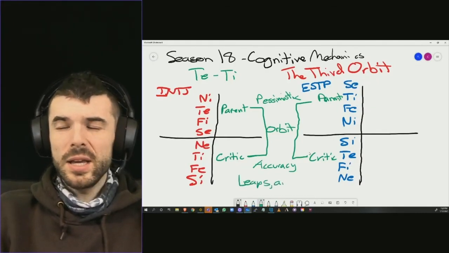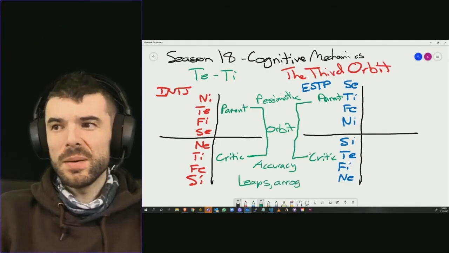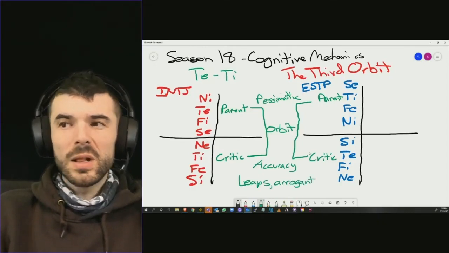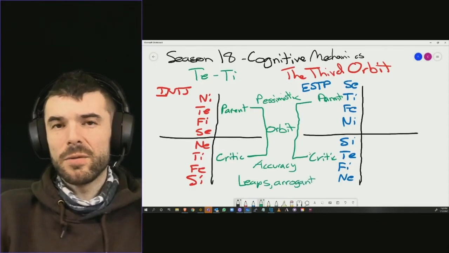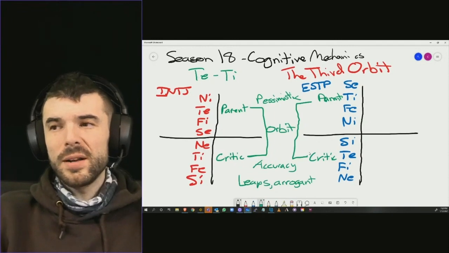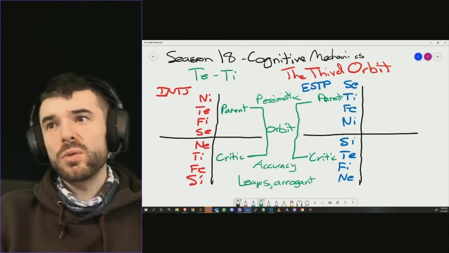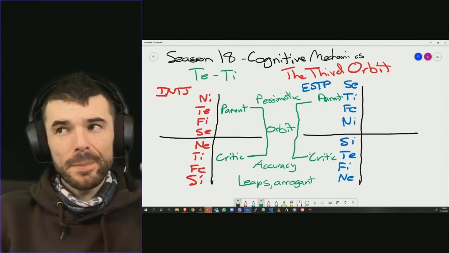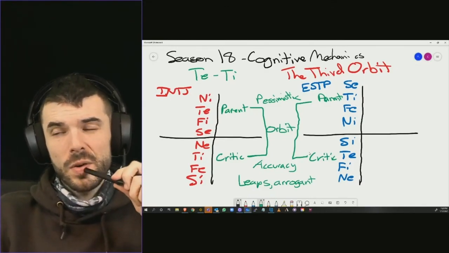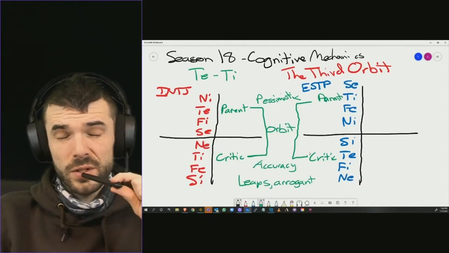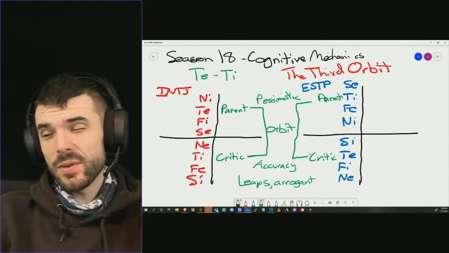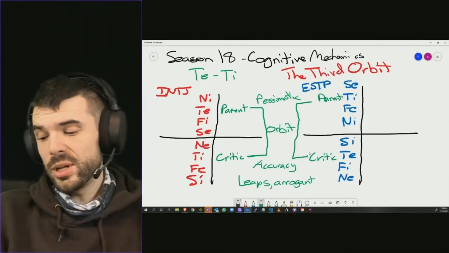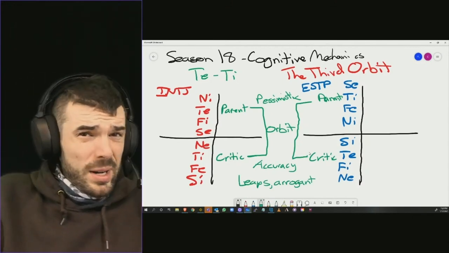They can be arrogant, so like leaps of logic, for example, or leaps of rationale. They take it too far. Optimistic functions could take it too far, right? And just looking at the ego versus unconscious here, just for simplicity reasons, because explaining this from a subconscious to a superego approach is pretty difficult.